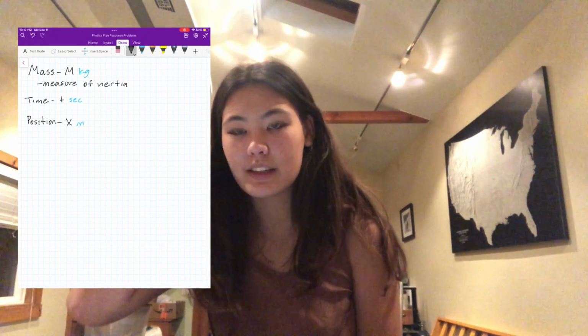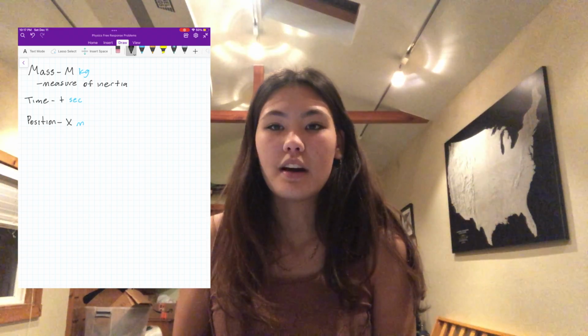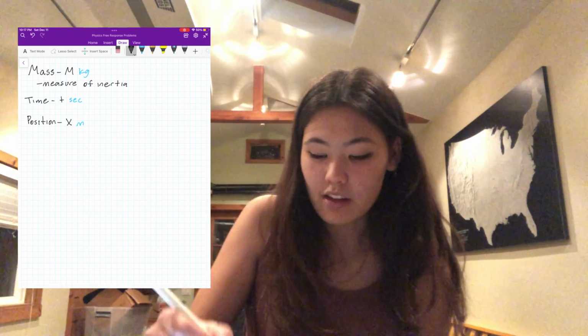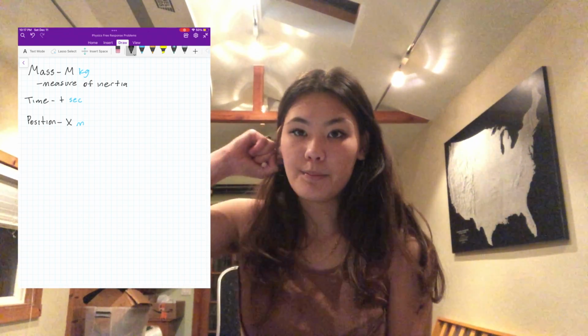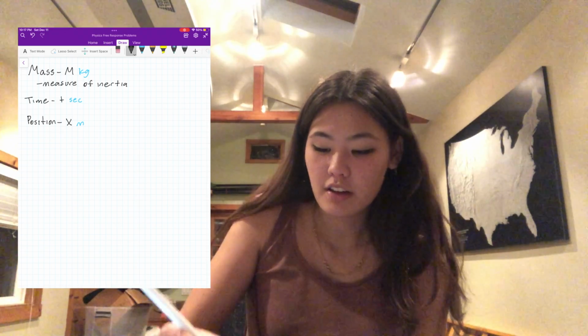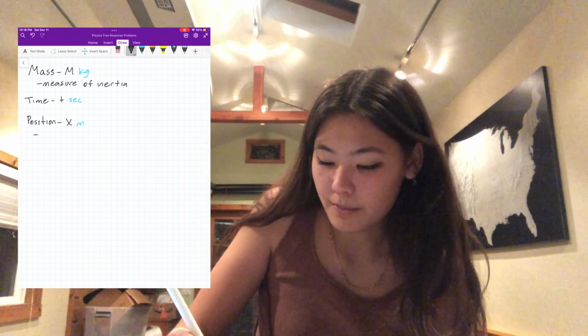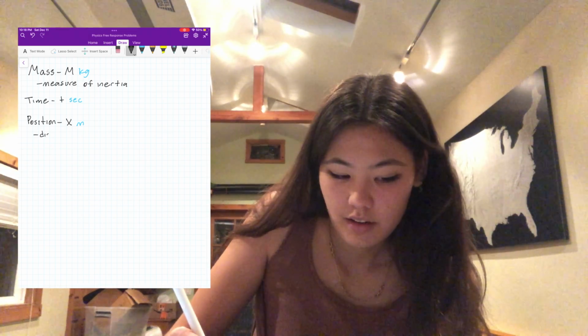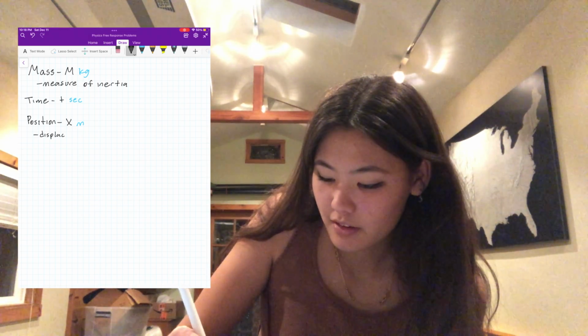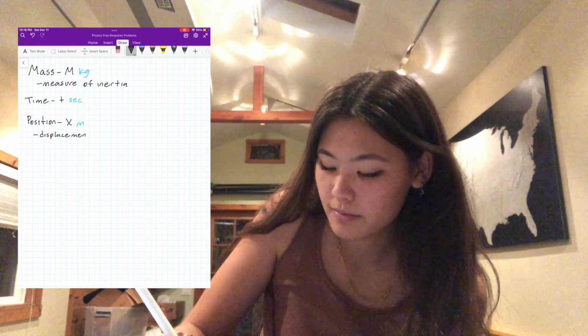Position of an object is kind of where a particle is with respect to an axis. So it's also known as a displacement or distance. We can use delta X, meaning change in position. So X is the displacement of an object.